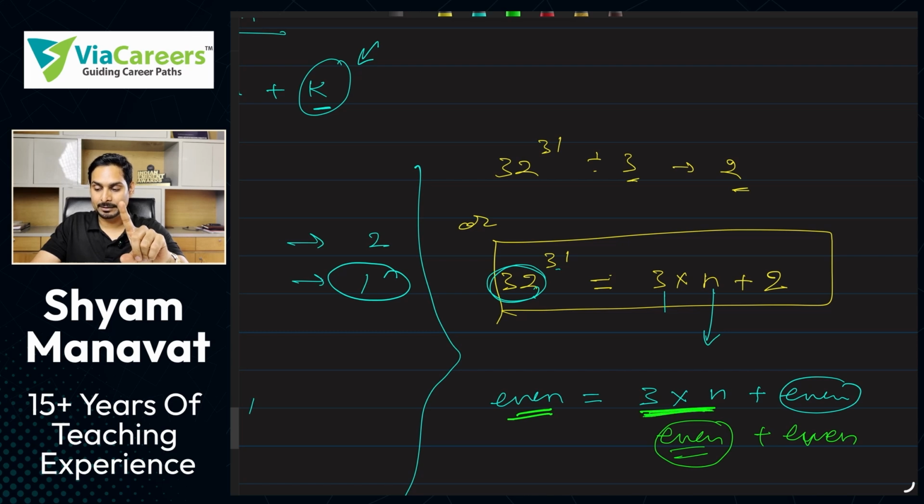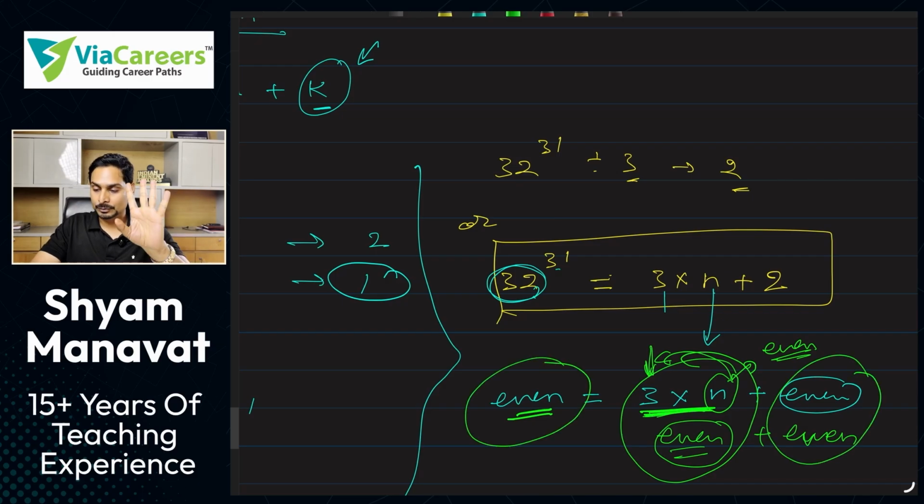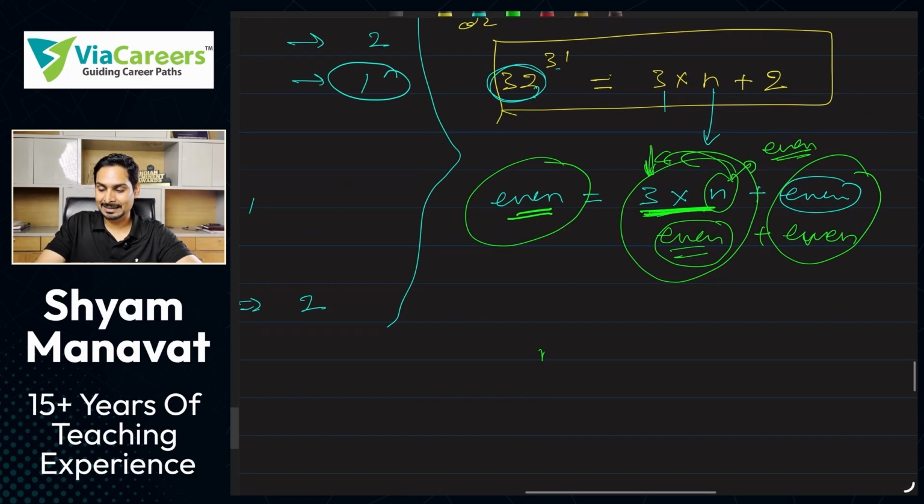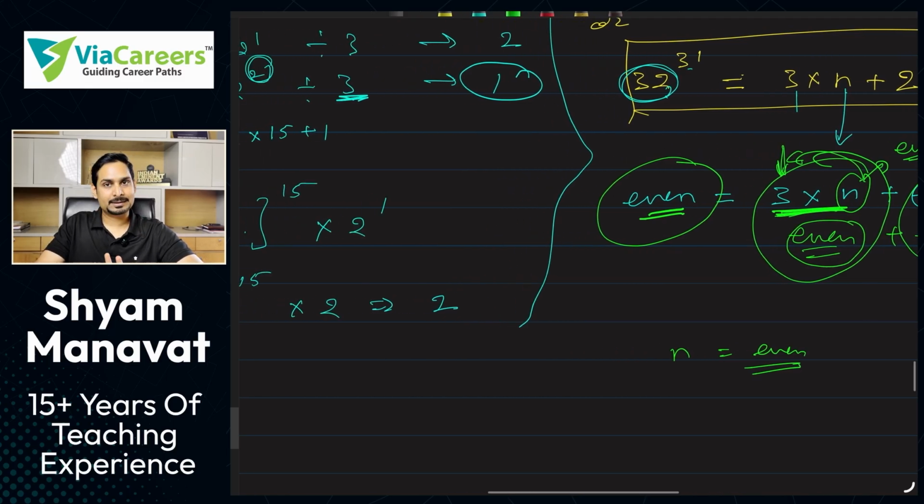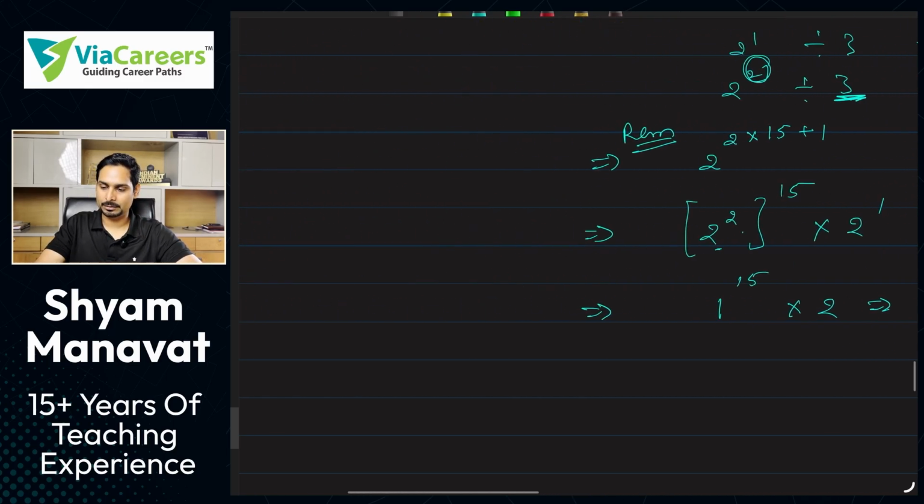To have this term even, 3 is already odd, which means n has to be even. Only then even multiplied by odd will become even, and plus even will give you even. So the conclusion is n is even here. Got it? We haven't got the answer yet, but don't worry, you will get it. Till here, all good?